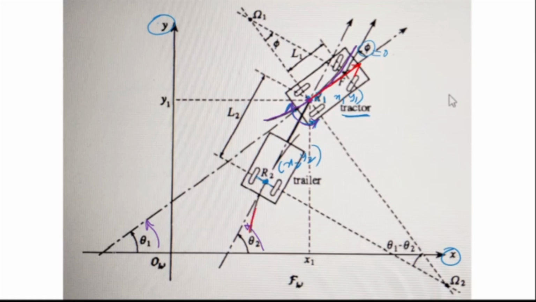The trailer is taking a curve like this, and the velocity would be tangential to the curve at the point R2. So both the velocities are tangential at R1 and at R2. Please note the directions in which the tractor is going and the direction in which the trailer is going.